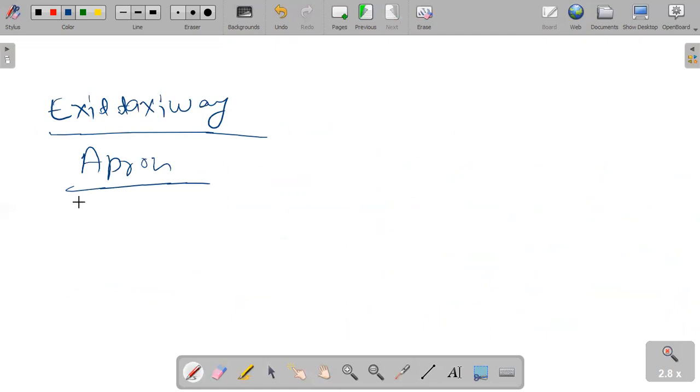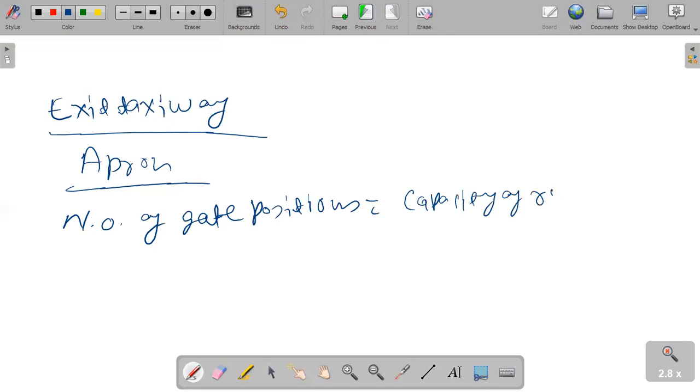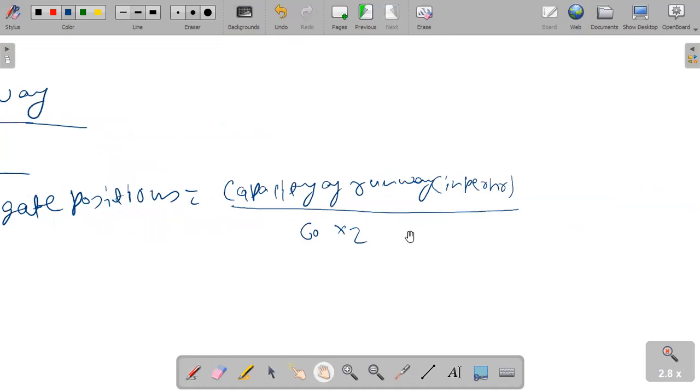The number of gate positions is equal to the capacity of runway, per hour, upon 1.6 to 2 into the average gate occupancy time.